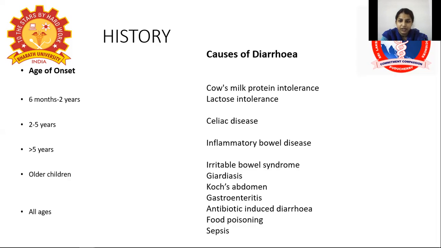More than 5 years, it can be irritable bowel disease. In older children, the cause can be irritable bowel syndrome, giardiasis, gastroenteritis, and in all the other ages, it can be gastroenteritis, antibiotic-induced diarrhea, like ampicillin can cause diarrhea in children, food poisoning, and sepsis.